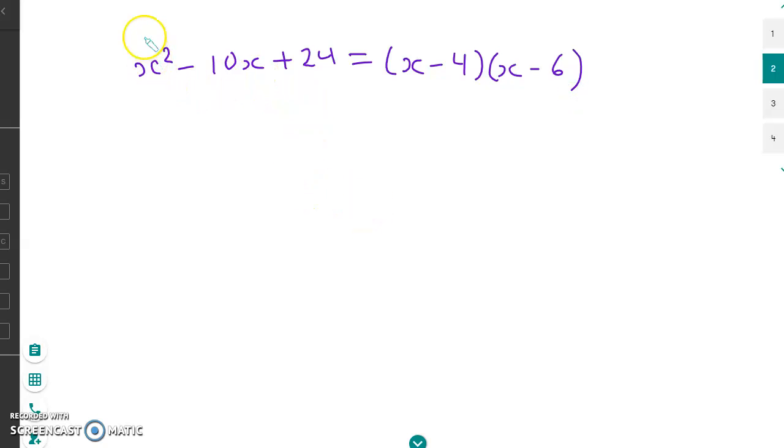What we did is express x squared minus 10x plus 24 as x minus 4 times x minus 6. That's what it means to factor x squared minus 10x plus 24.